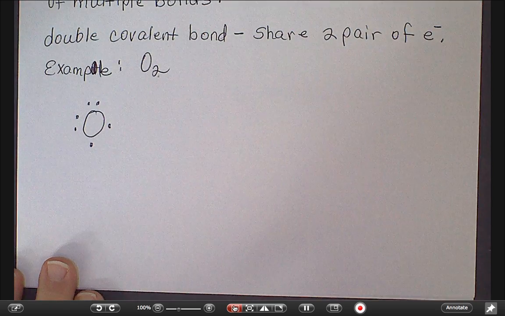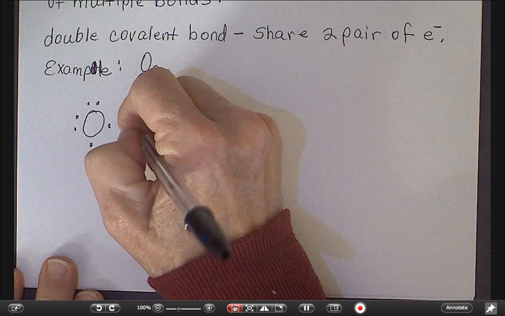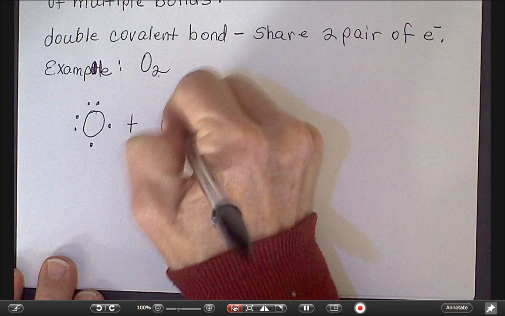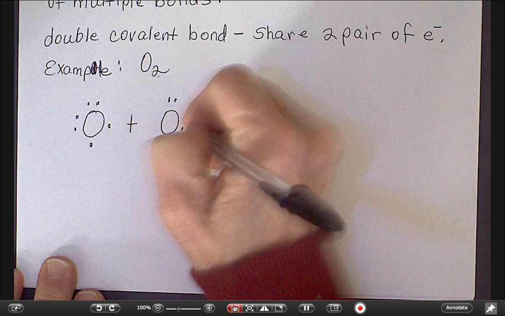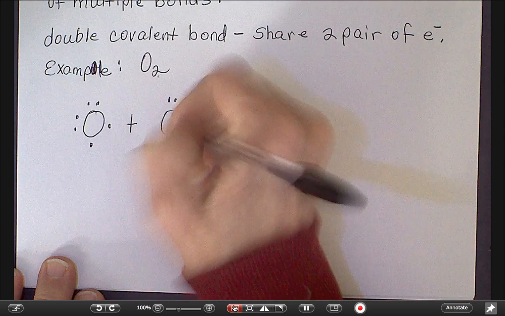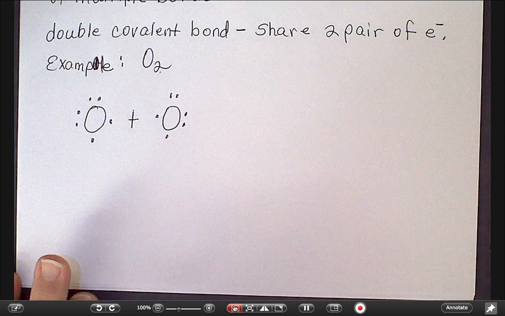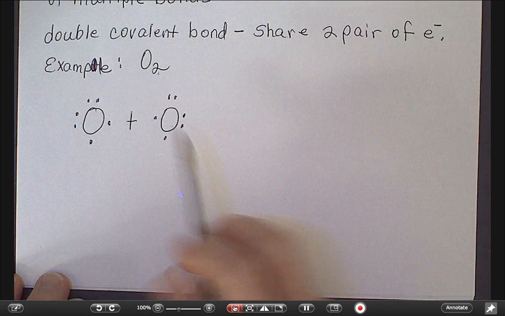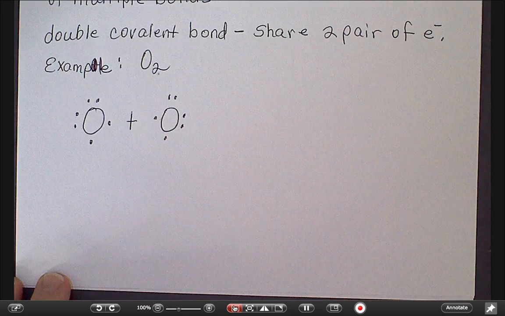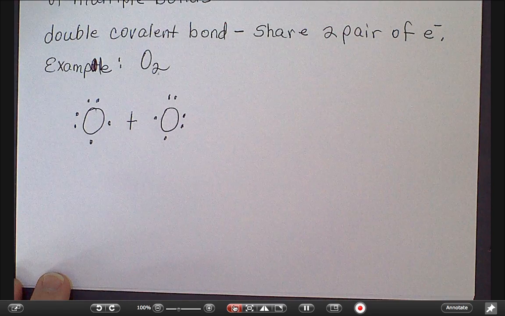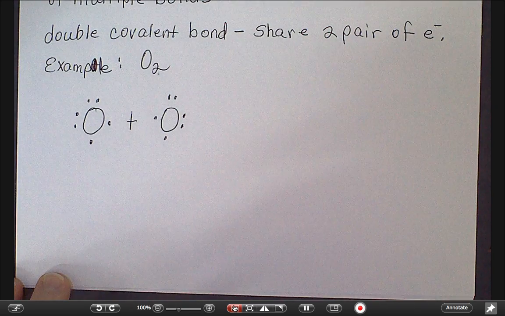And we're going to do this one over here with the double on the top and the double on this side, and we're going to see the singles down at the bottom and together. So we've got two O's that are going to come together and form what we call a double covalent bond.